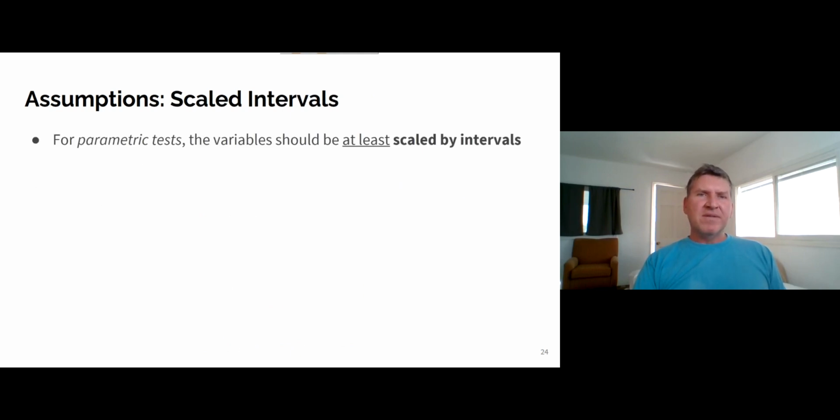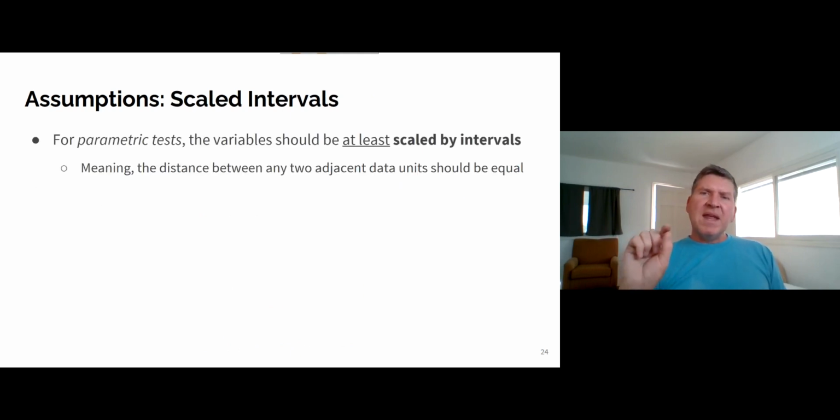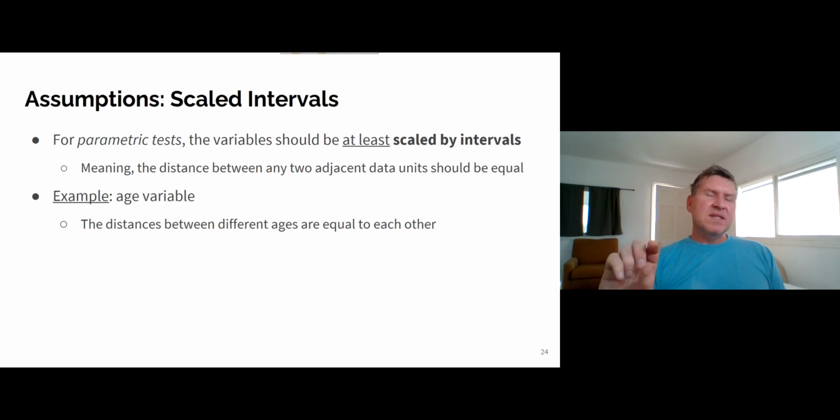So with scaled intervals, any two adjacent points should be equal. And I mentioned that with the test scores. So age, the distance between somebody who's 2 versus somebody who's 1 is equal, right? But could we say that somebody who's 10 is twice as old as somebody who's 5?